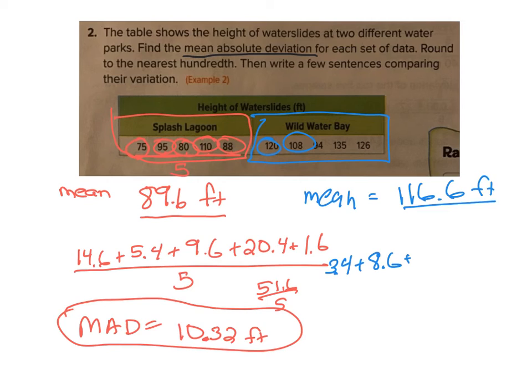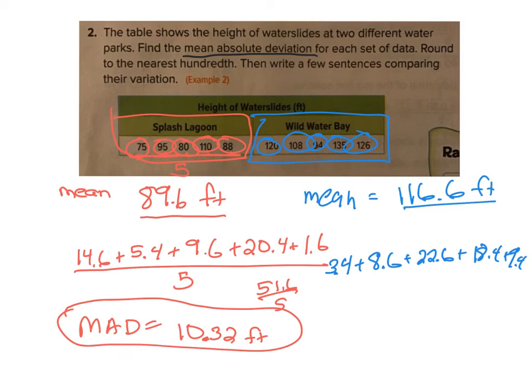Then we've got to find the difference of 94 and 116.6, which is 22.6, plus 135 minus 116.6 equals 18.4, and the final one, 126 minus 116.6 equals 9.4.